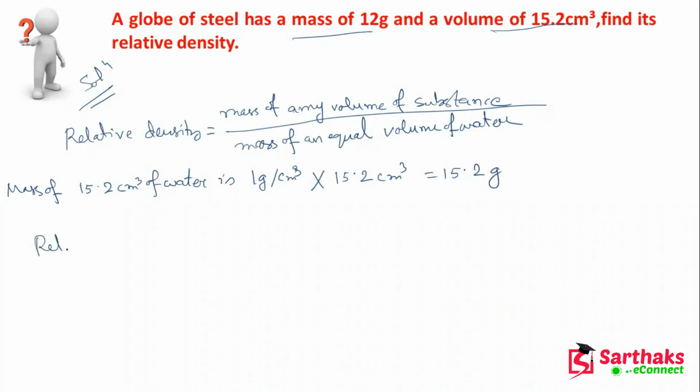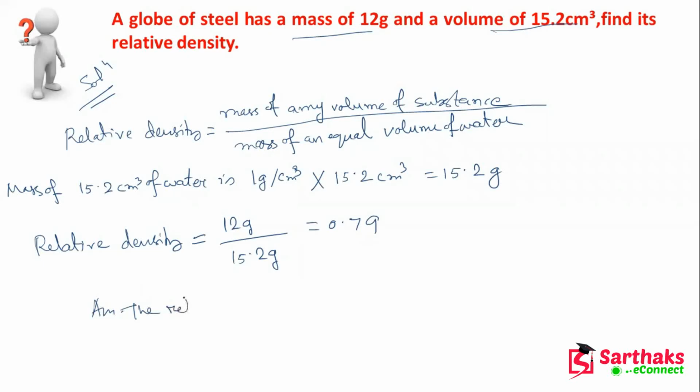So relative density equals 12 gram divided by 15.2 gram, that is 0.79. So the relative density is 0.79.